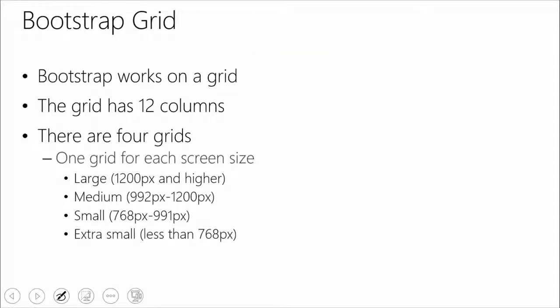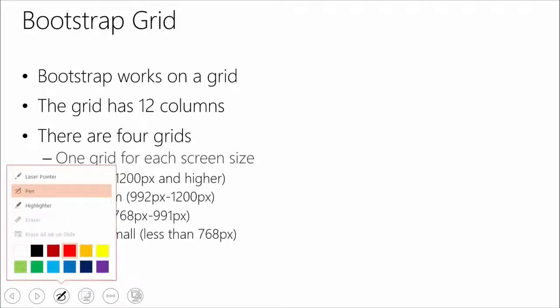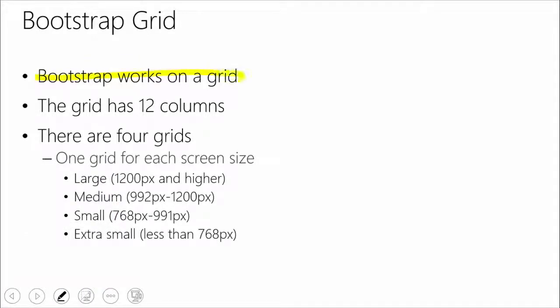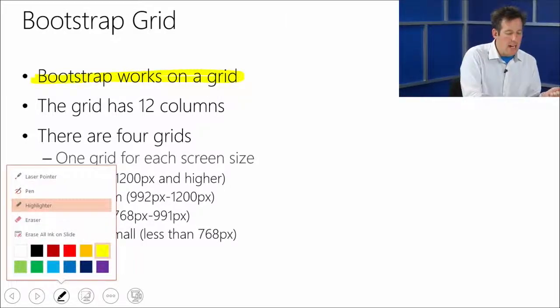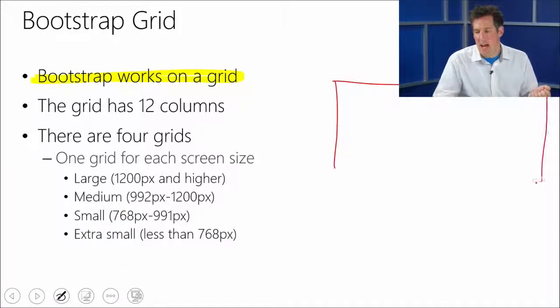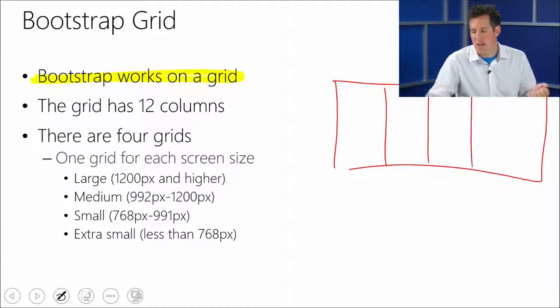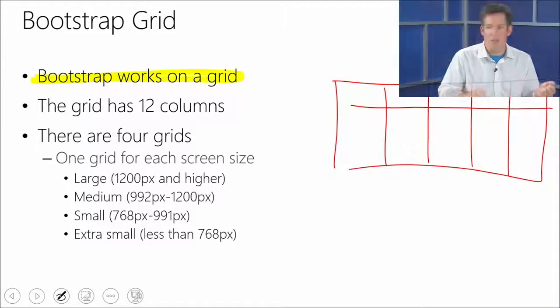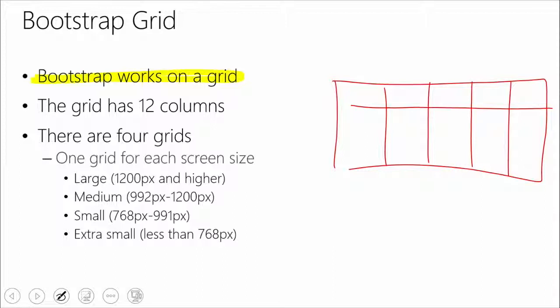Now, if we're going to lay out our page, we need to understand how all of this is going to work. For starters, keep in mind that Bootstrap does its layout on a grid. That grid is going to give you that table style. I just realized that my head is cutting off the top of my table, but that's okay. There's my little table there.